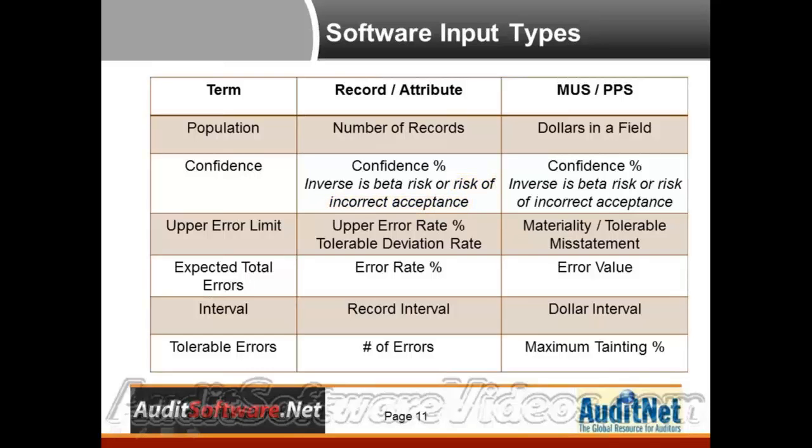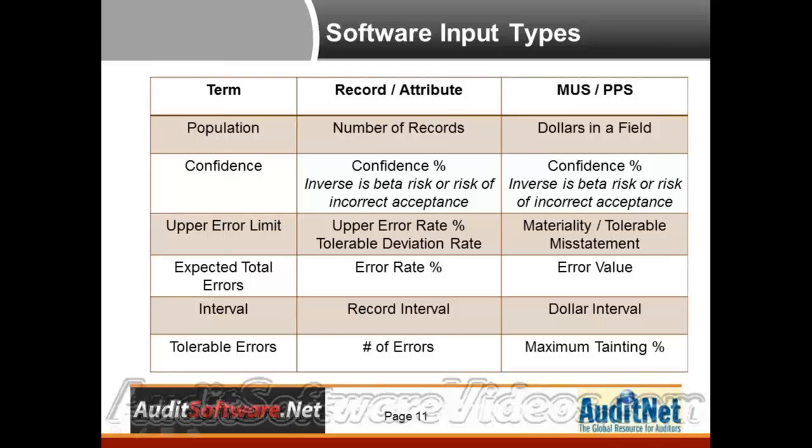So it's basically the risk of incorrect acceptance, so that there's a 5% chance that I'm going to do this wonderful sample, and at the end of it, I'm going to make a bad calculation or a bad estimation, and in essence incorrectly accept that that population had proper controls around accounts payable.